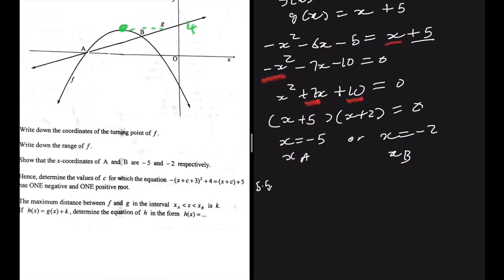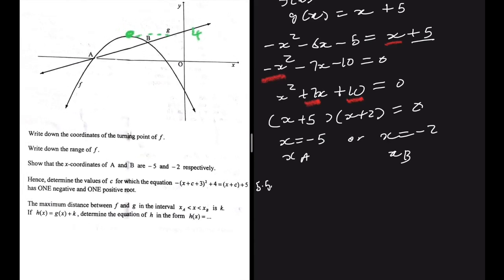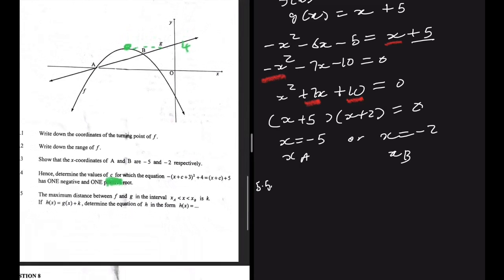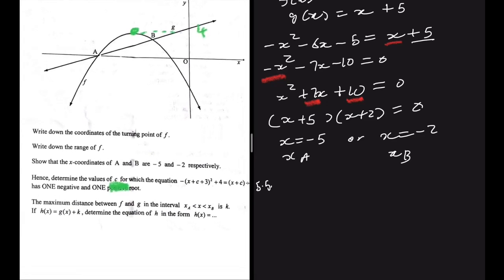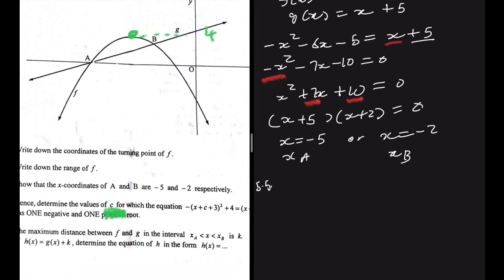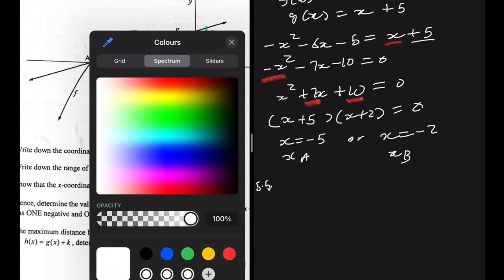So 5.5 is saying that hence determine the values of c for which minus (x plus c plus 3) squared plus 4 is equal to x plus c plus 5 has one negative and one positive root. At this point, our roots are at minus 5 and minus 2, right?